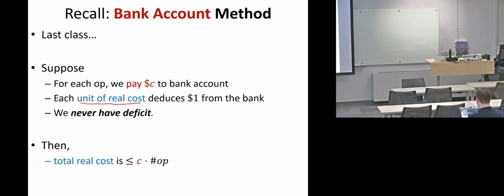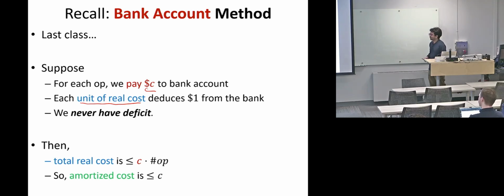So the total real cost is at most the total thing that you pay. Super intuitive. And you can conclude that if you just need to pay $C per operation, it means that the amortized cost is at most C. Okay, that's the last time.